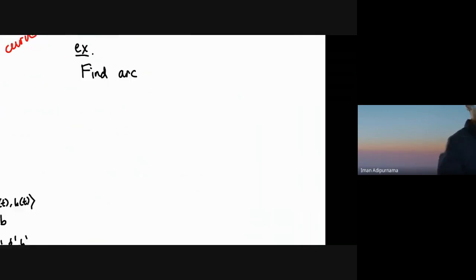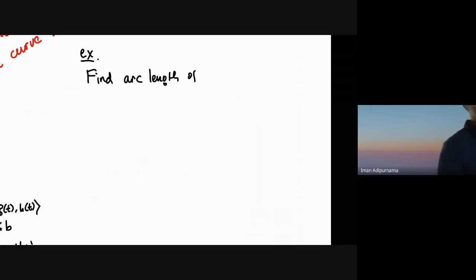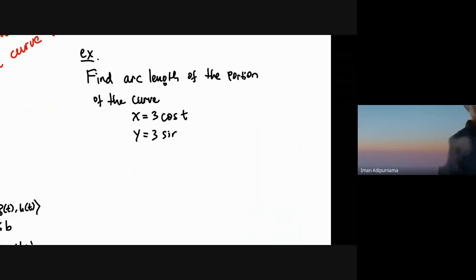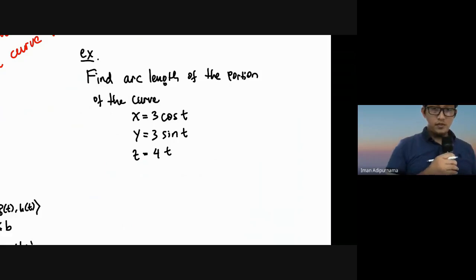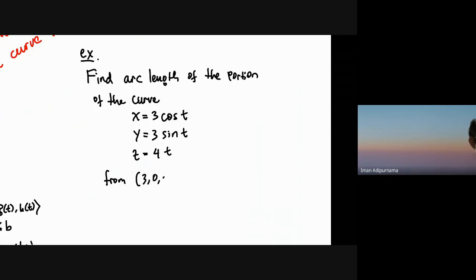Find the arc length from, let's say, from 3, 0, 0 to 3, 0, 4 pi.